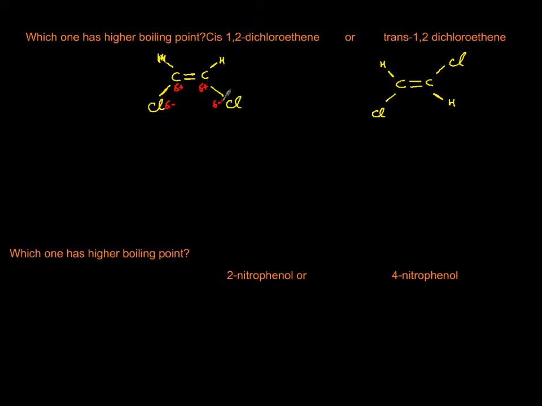What happens if I put another molecule of cis next to it? How do they line up? This is how they're going to line up. The hydrogen side is going to be on the side of the chlorine due to polarity.